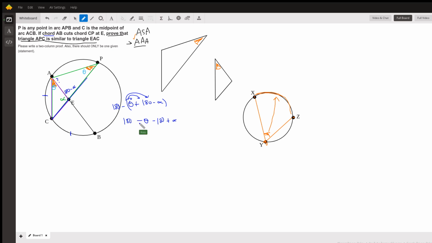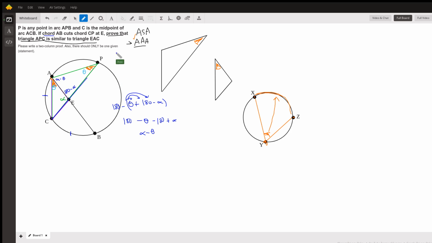So 180 minus 180 will be 0. I'm going to put the positive alpha in front and then minus theta. So that is going to be this angle up here, EAP. So EAP is alpha minus theta.